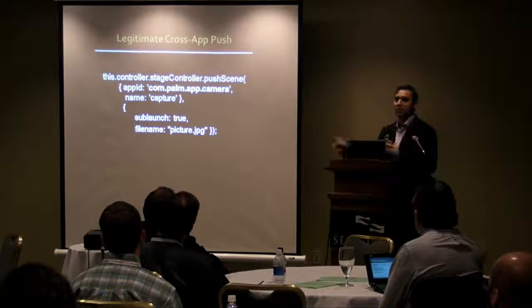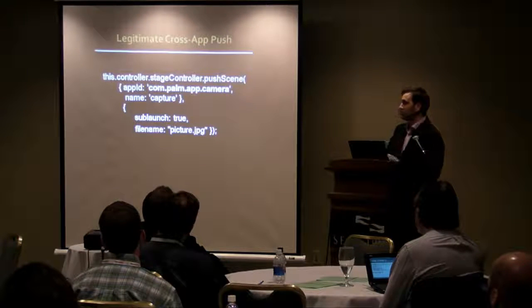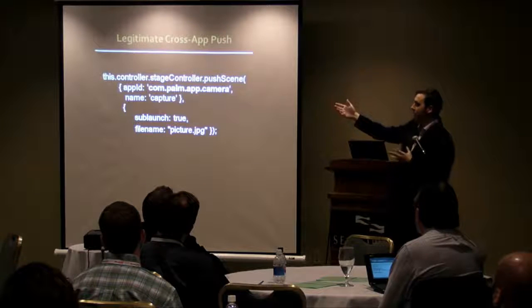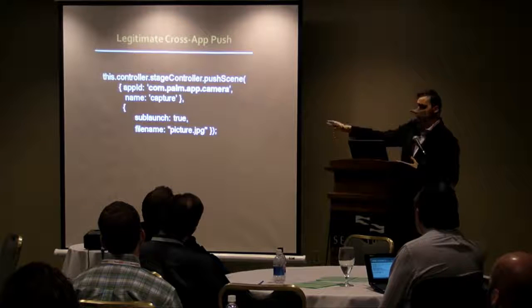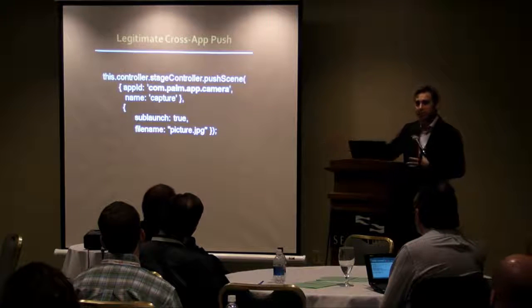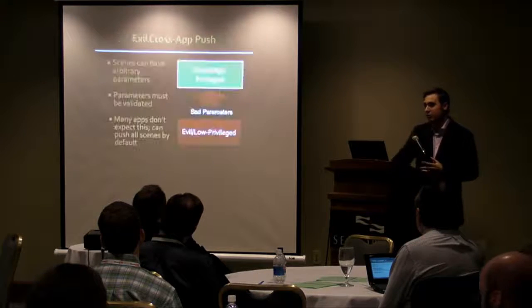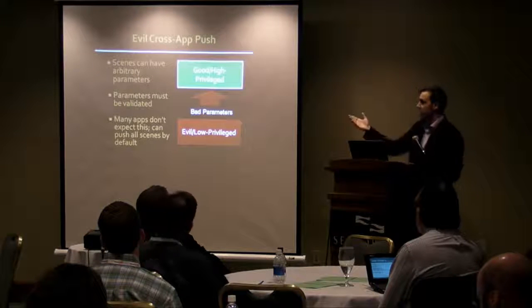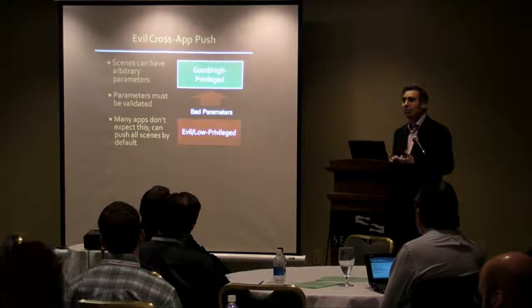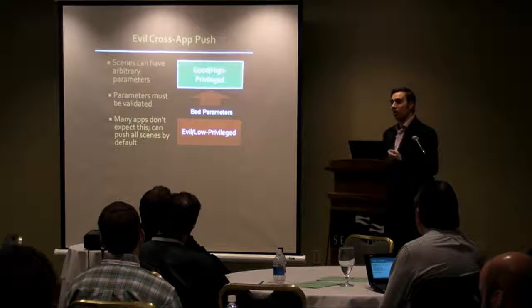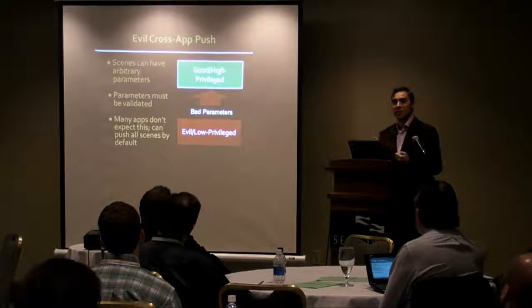So a legitimate cross-application push says, okay, push a scene from com.palm.app.camera, push the capture scene, and then pass some parameters to it. So once again, we could have parameter validation issues because the scenes could have arbitrary parameters. Some apps or some scenes aren't written in such a way that they expect to be invoked cross-application.